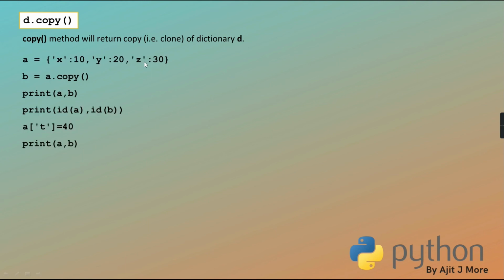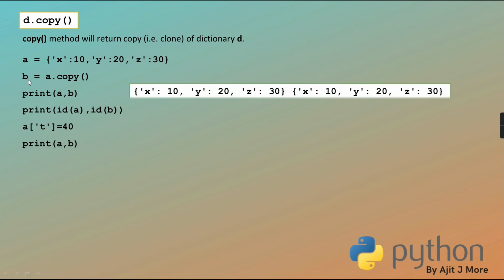Okay? See, this is dictionary A. When I write B equal to A dot copy, the duplicate of A is created and the reference of that duplicate comes in B. You print A and B, both dictionaries are the same, but when you print their address, they are different.